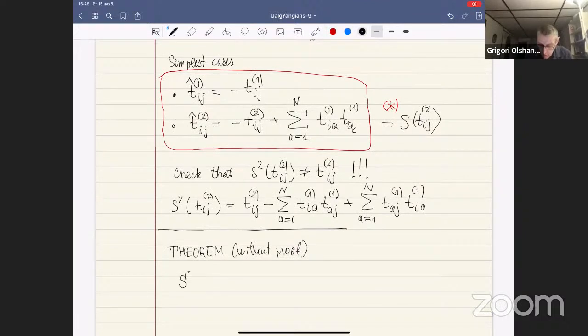Actually, in matrix terms, if we apply the square of the antipode, this should be some algebra automorphism. And this automorphism looks as follows. Let me first write it and then explain the meaning.